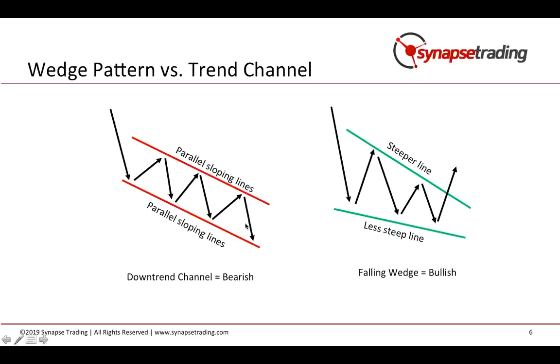For the falling wedge, it's the same thing. Instead of 2 parallel lines, you get one line that is steeper and one that is less steep. Price gets squeezed out near the tip, which leads to a breakout. That is why the falling wedge is bullish, whereas the downtrend channel is bearish.